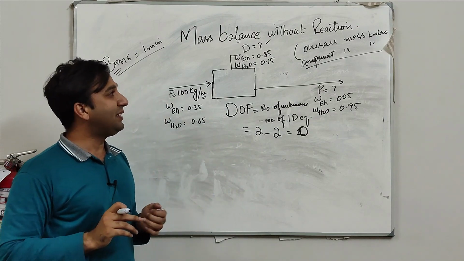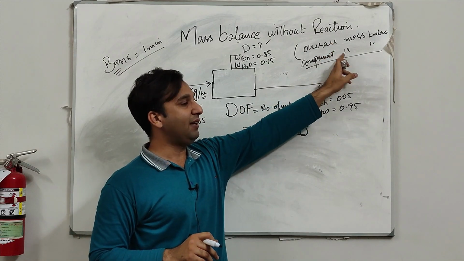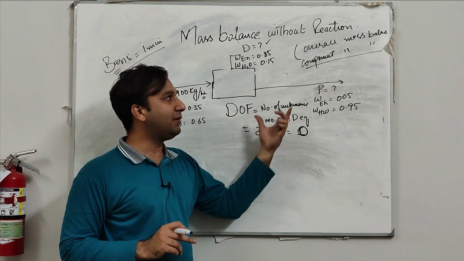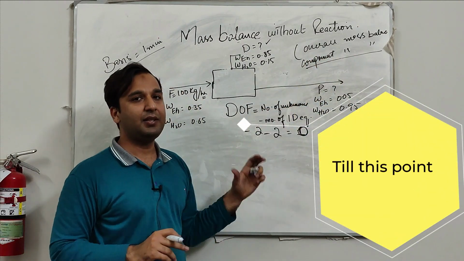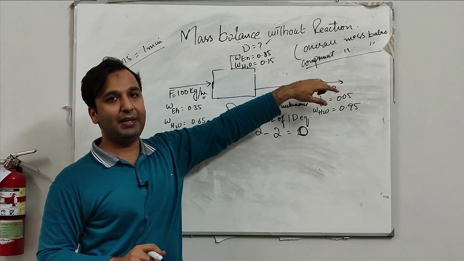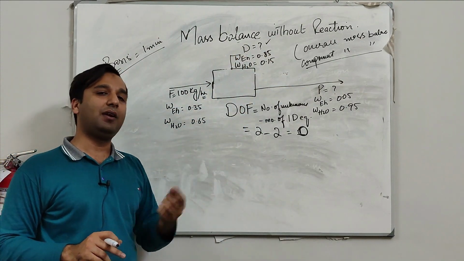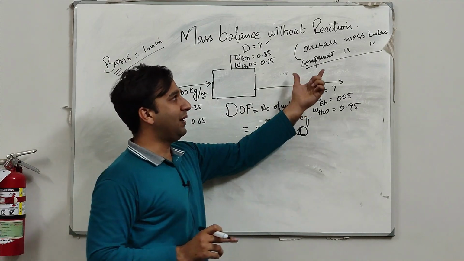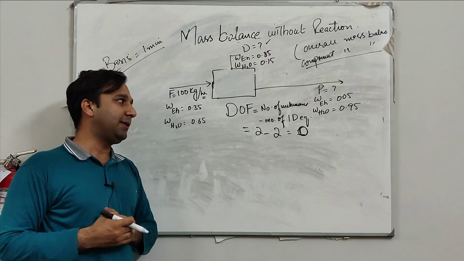Now we will see that again there are two balances that we use: one is the overall mass balance and the other is the component mass balance. In this problem we cannot use the overall mass balance at this stage because we don't have D or P. If we had D or P, then we would have only one unknown, so we could easily apply the overall mass balance. We will apply component mass balance to find all the unknowns that are present.